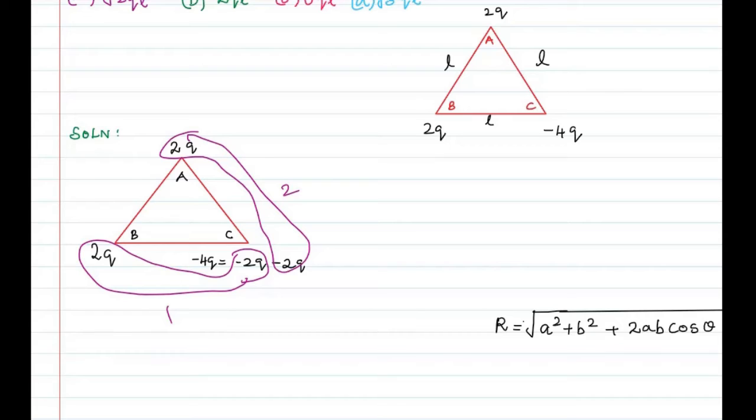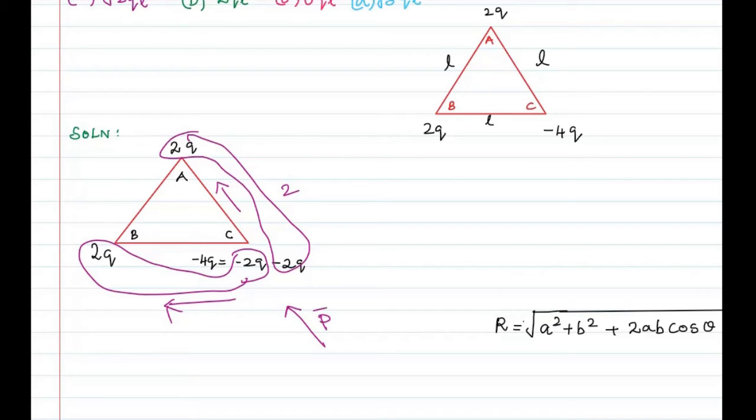So two dipole pairs. And what could be the direction of the dipole moment? From minus charge to plus charge, similarly minus charge to plus charge. Now draw the dipole moment vector diagram.